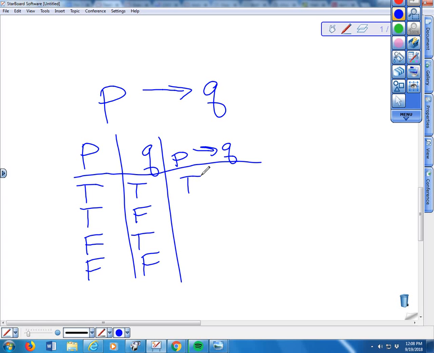I could also give you one that says, like I did, if two angles add up to 180, then they're complementary. Is that a true conditional false result? If two angles add up to 180, they're complementary. Is that true? No. So that would be a true with a false result.